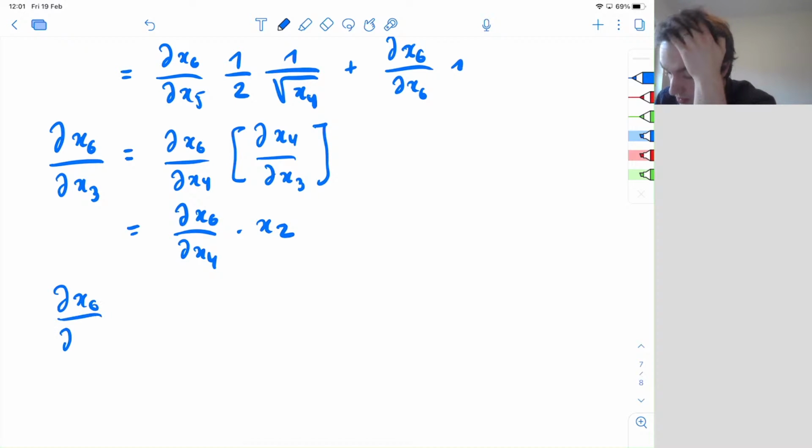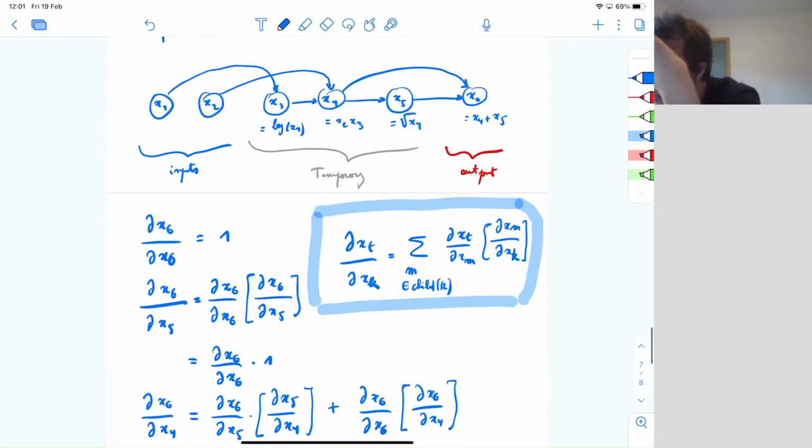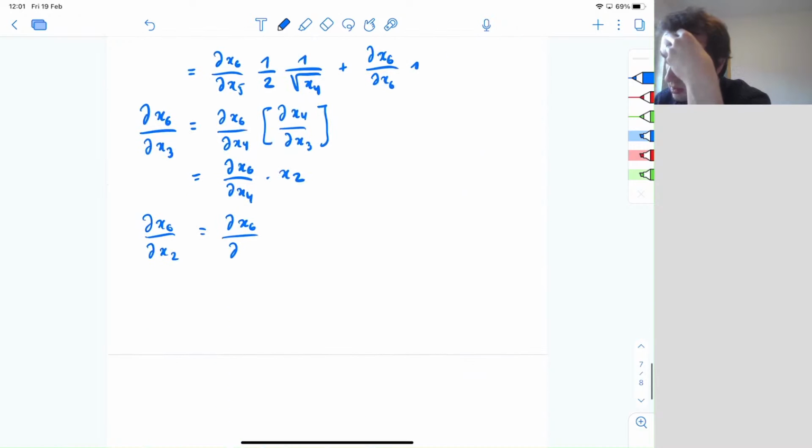x6 with respect to x2. So x2, how many child nodes does it have? It's 1, which is x4.